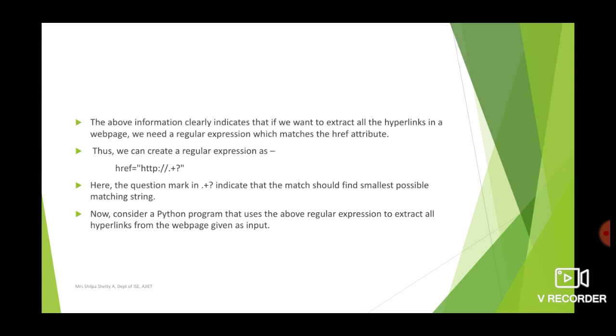The question mark that is added to the dot plus ? at the end indicates that the match is to be done in a non-greedy fashion instead of a greedy fashion. Non-greedy match tries to find the smallest possible matching string, and the greedy match tries to find the largest possible matching string.